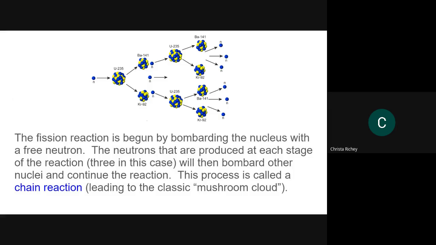But that emitted neutron kicks off a different uranium, whether it be 235 or 238, into other smaller bits. The whole reason these things break down is because there's too much stuff in the nucleus. It's like putting too much water in a water balloon and it's going to pop. But that last drop of water that makes the balloon pop is a neutron from a previous fission reaction.